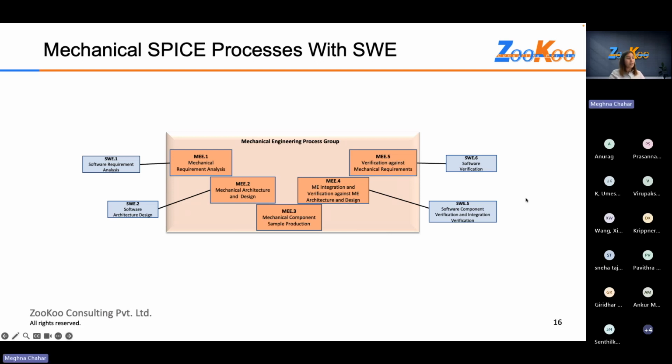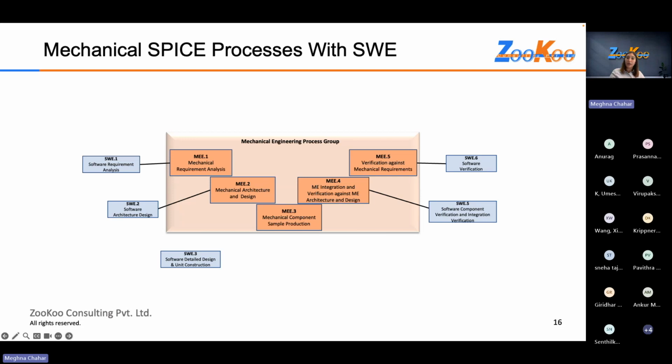Now the interesting part comes as soon as we talk about SWE.3, or go to the lowest point, because here we have found a kind of interim solution with a single process.